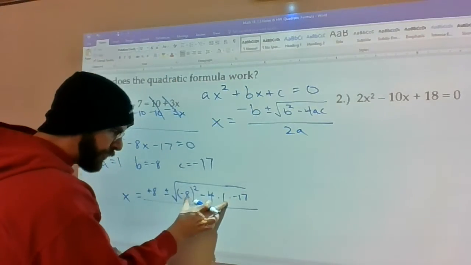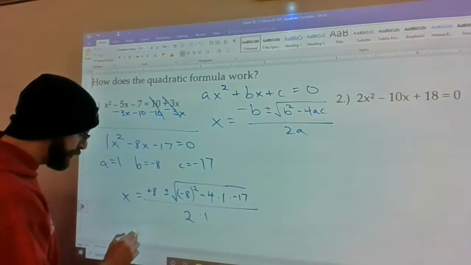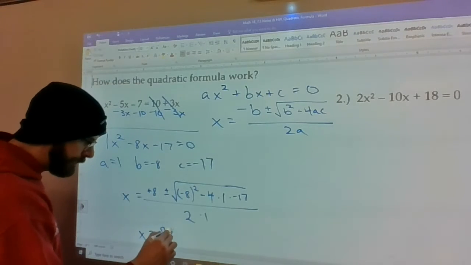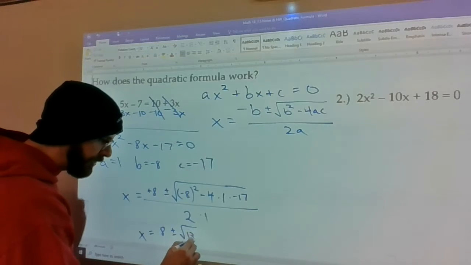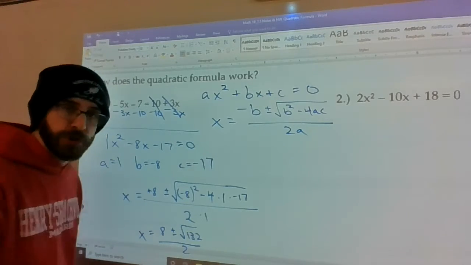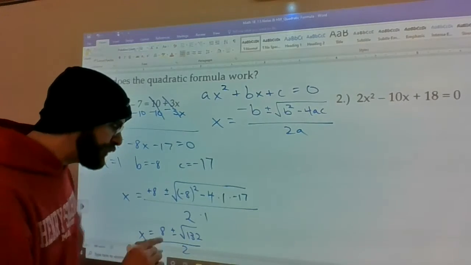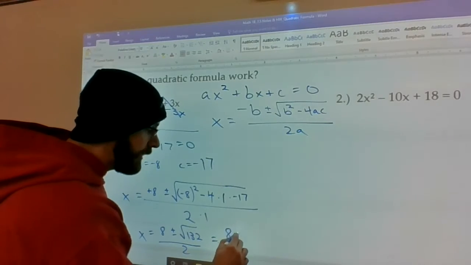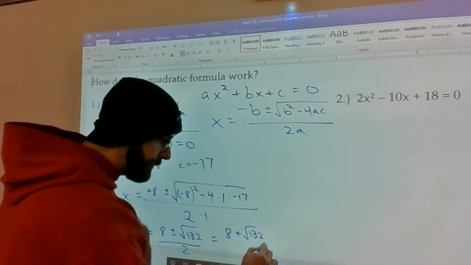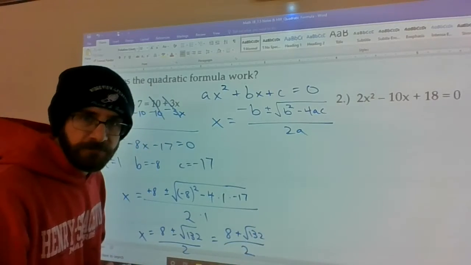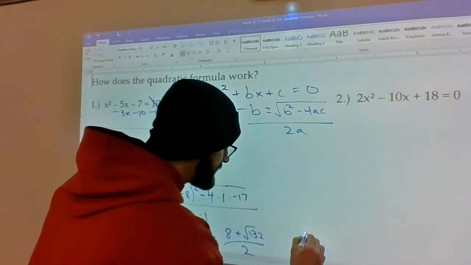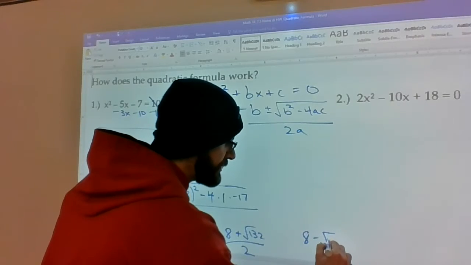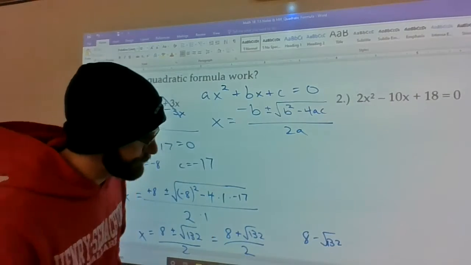So the inside of the square root is 132. 8 plus or minus root 132 divided by 2. Which means you are going to have two solutions. The two solutions are going to be 8 plus root 132 divided by 2 and 8 minus root 132 divided by 2.